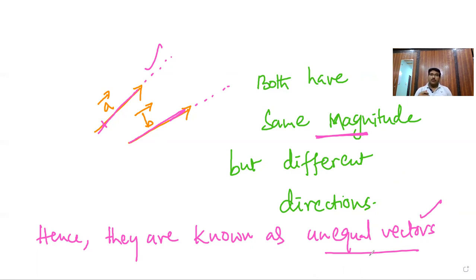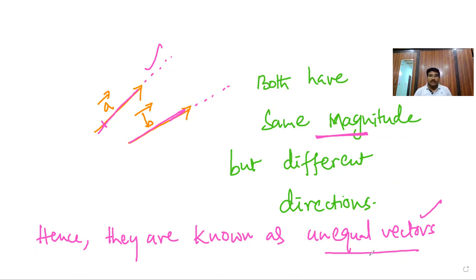If two vectors have the same magnitude and the same direction, then they are known as equal vectors. The second point is, if two vectors have the same magnitude but different directions, then they are known as unequal vectors. I stop here. Hope you might have understood all these things very well.